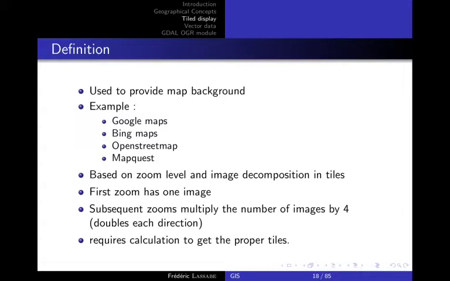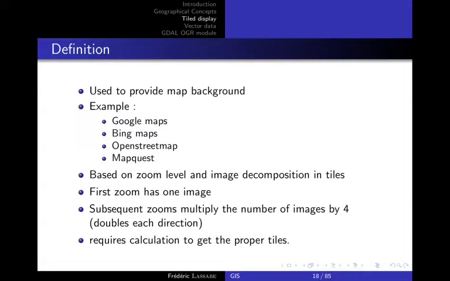It is based on the zoom level you want to look at and an image decomposition into tiles, which are little squares that put together give you the complete image of your current location and your current zoom level.